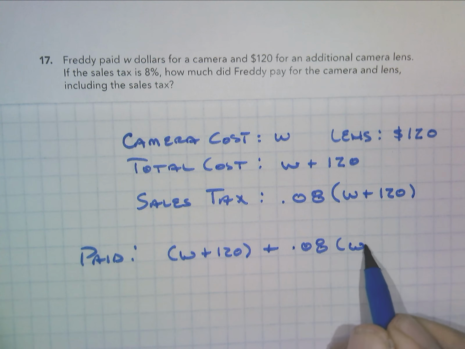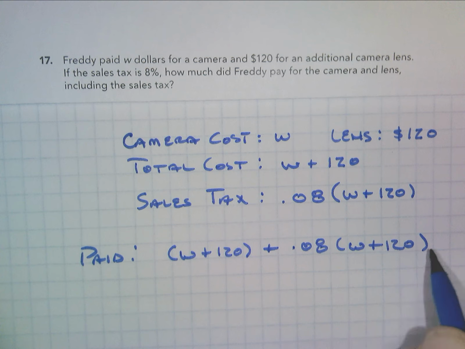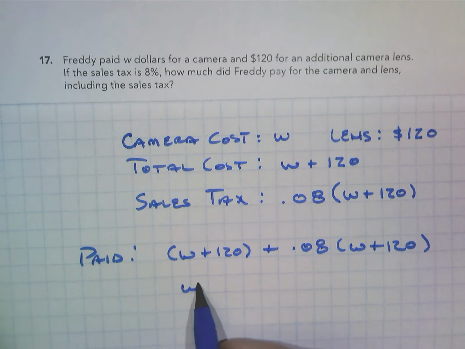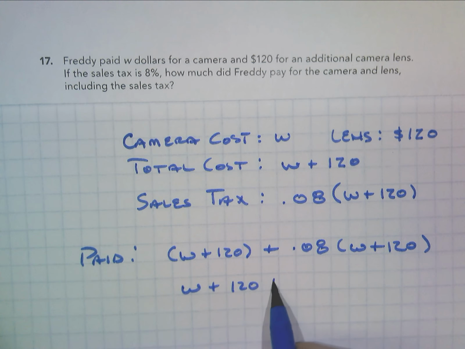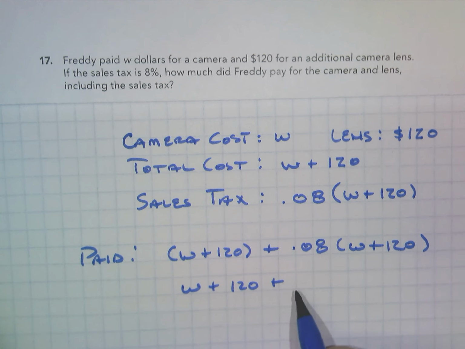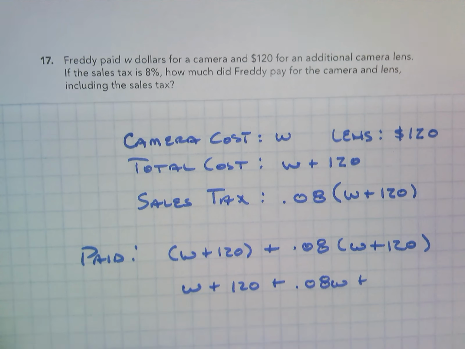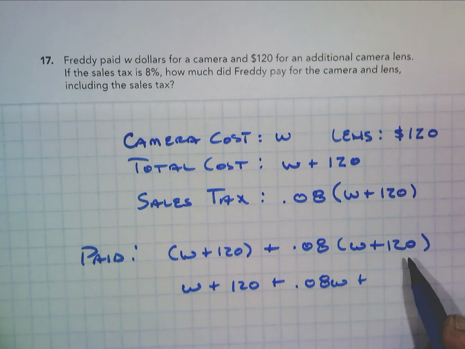the sales tax. Now I have a whole bunch of variables and distributing and all kinds of things that have to go on here. So I have W plus 120 plus 0.08 W plus 0.08 times 120. 0.08 times 120 is going to give me 9.6.